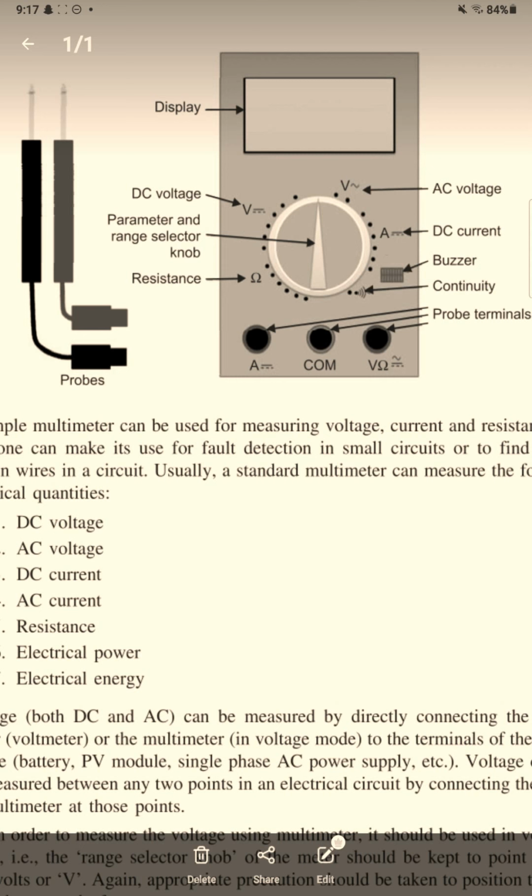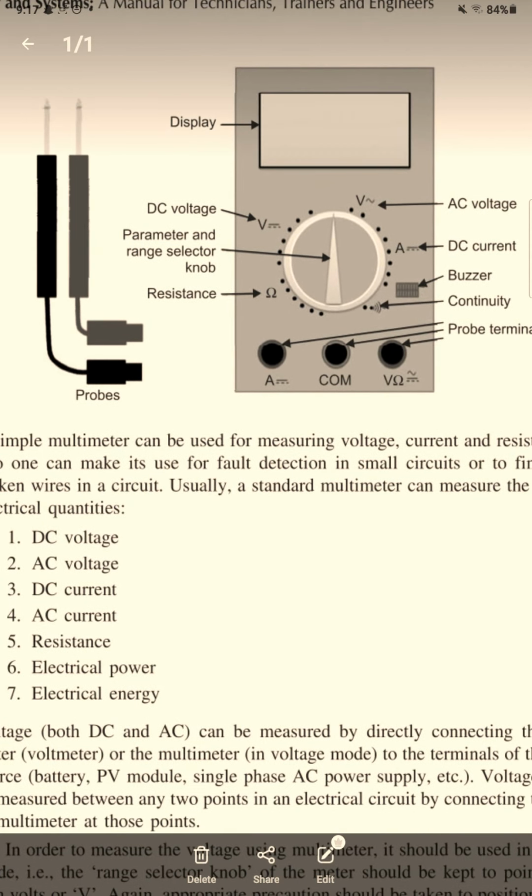As an example, if I want to check the AC voltage in the socket, where would I keep the knob? I would keep the knob in this direction. This indicates AC voltage. What if I want to check the voltage of my car's battery? I would keep it in this direction. This indicates DC voltage, and we know that a car's battery is DC.